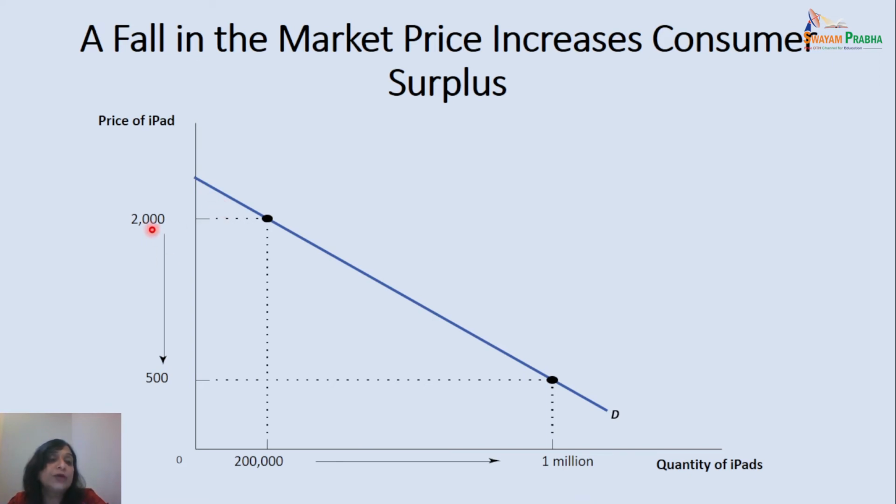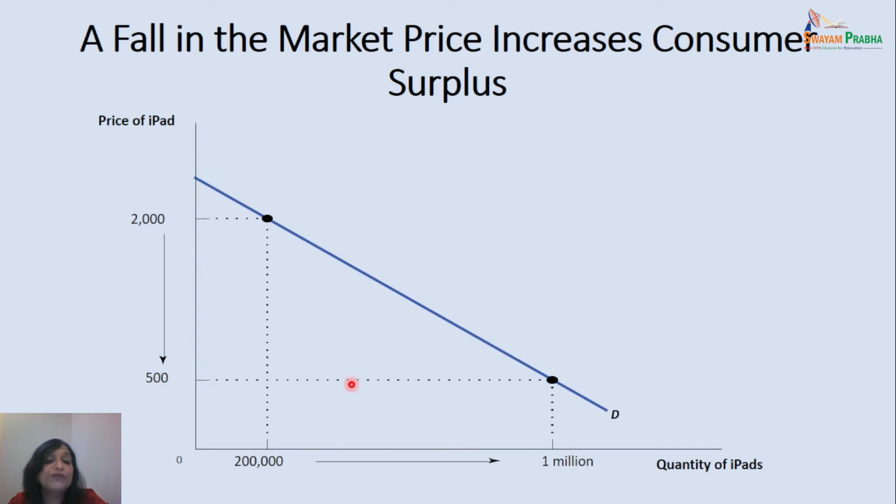Let us say now the price of these iPads has fallen from 2000 to 500. Immediately we see more demand, as per your law of demand. What is the consumer surplus now? The consumer surplus is the difference between the highest willingness to pay and 500, which is the new market price.